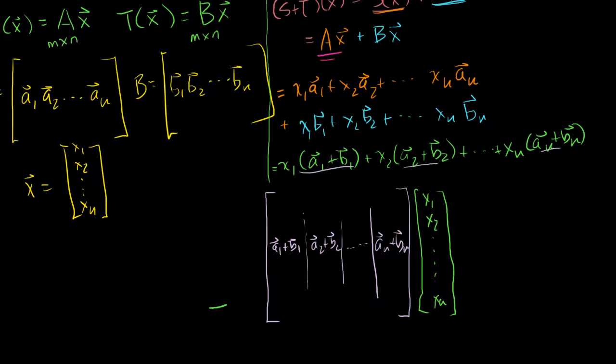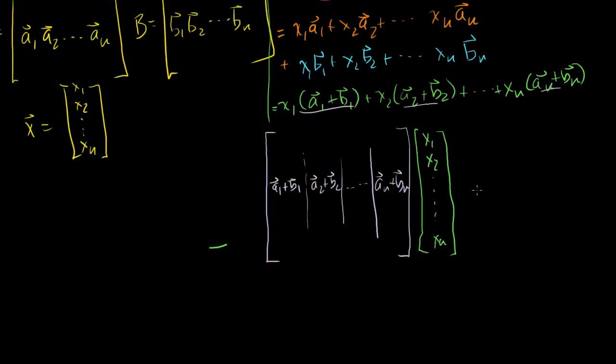Now, why did I go through all of this trouble? Well, I can make a new definition here that'll make everything fit together well. I'm going to define this matrix right here as A plus B. So my new matrix definition: if I have two matrices that have the same dimensions, and they have to have the same dimensions, I'm defining A plus B to be some new matrix where you add up their corresponding columns.